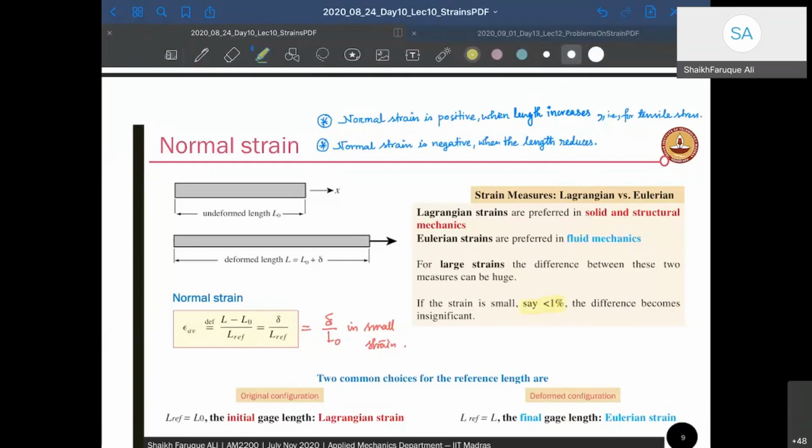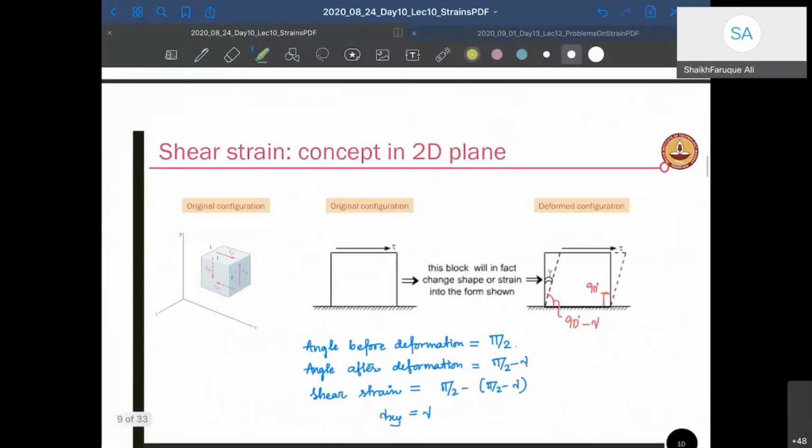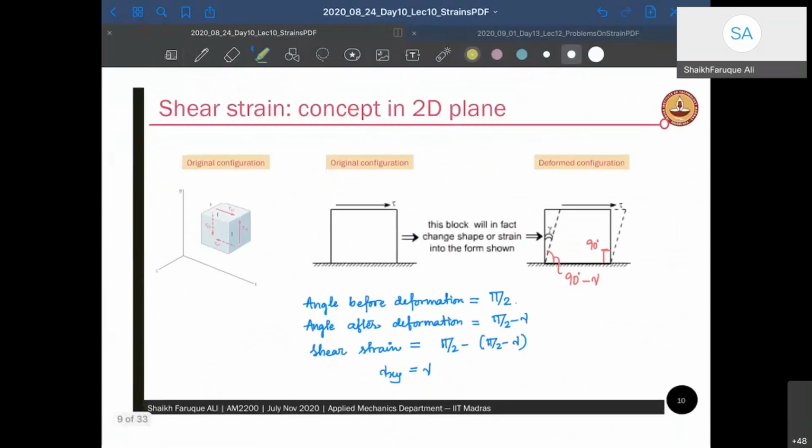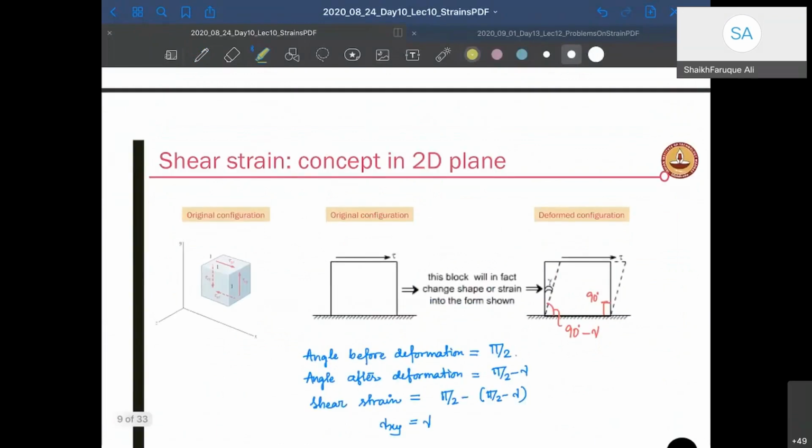Okay. Now for a shear strain, how do you define a shear strain? Now, as I said, shear is a change in angle, right? So if you give a pure shear to a body, what will happen? Let's say I have a body here and I give a pure positive shear to the body. What is going to happen?